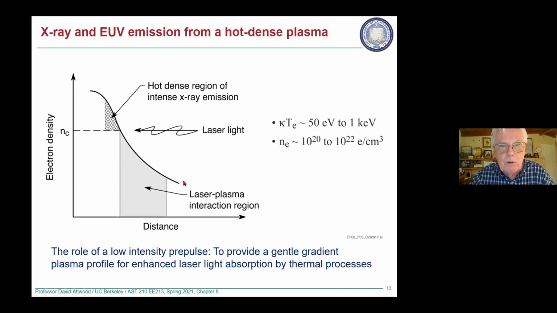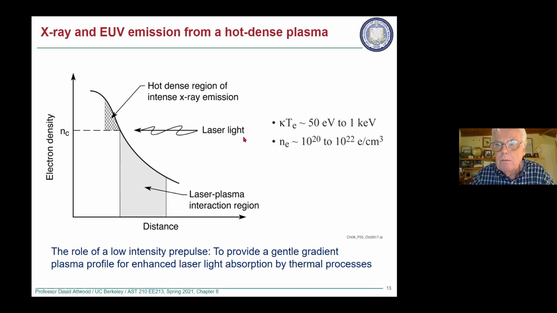Hopefully a lot gets absorbed in the region just before that, which is a lower density. But there may be some additional absorption right at the surface, and then whatever's left over gets reflected, because no laser light is going to get past the critical surface here, okay? And behind that, there is a heated, hot, dense region, okay? It's heated by electrons that were produced here and diffuse into the material, okay?